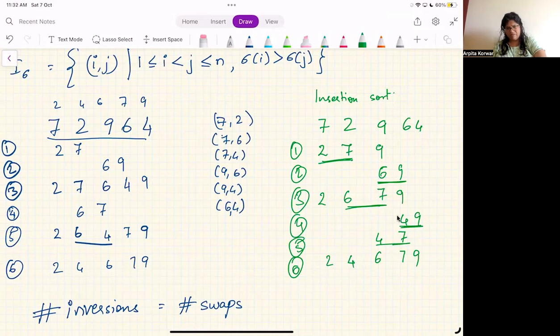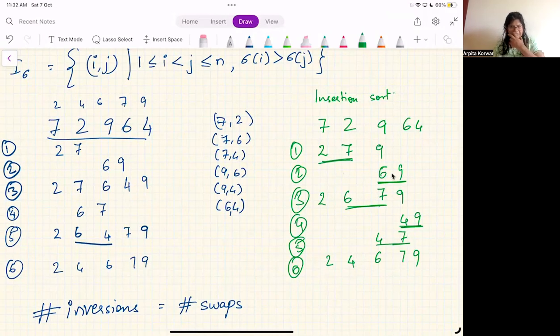For example, look at 6 and 9. We only exchange these two, 6 and 9. So it does not affect that 6 comes before 4, so that inversion is still there. And it does not affect that 6 comes after 7. So only its relation with 9 has changed.